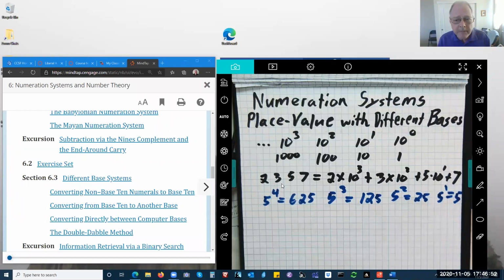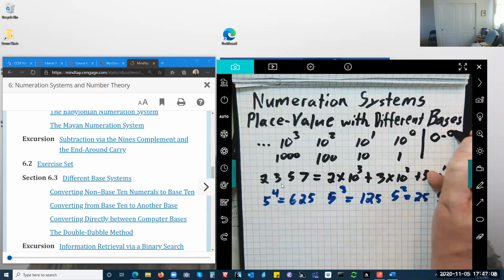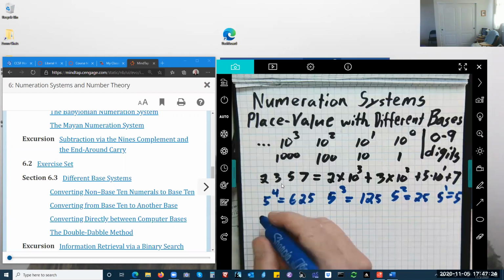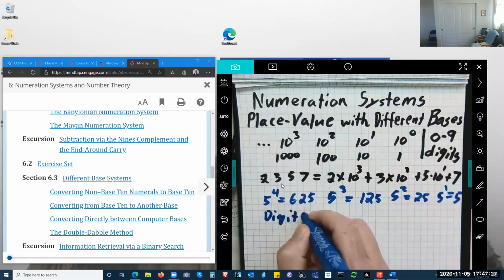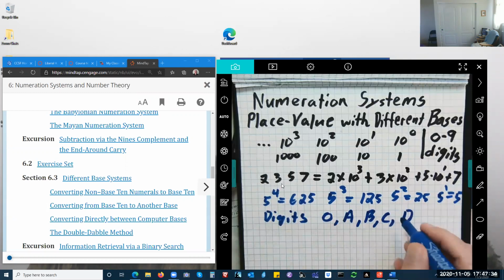If I wanted to make numbers with base 5, then instead of needing 10 different symbols, 0 through 9, if I wanted to have only 5 different digits, I could use these for my digits. So we just have 5 different symbols.